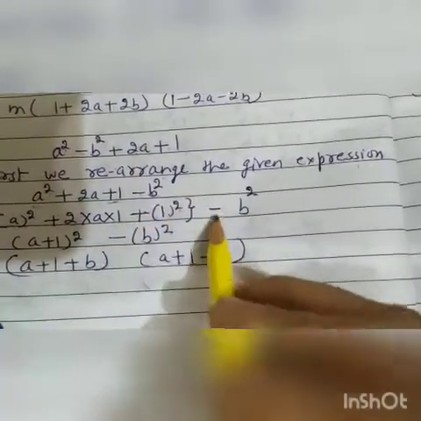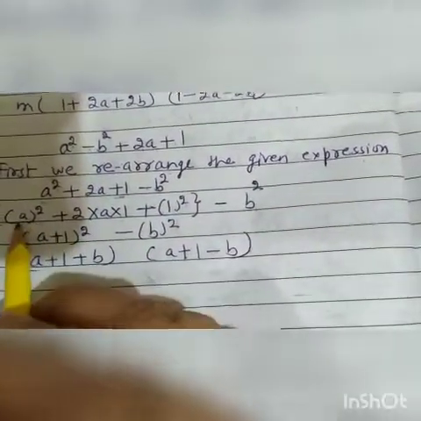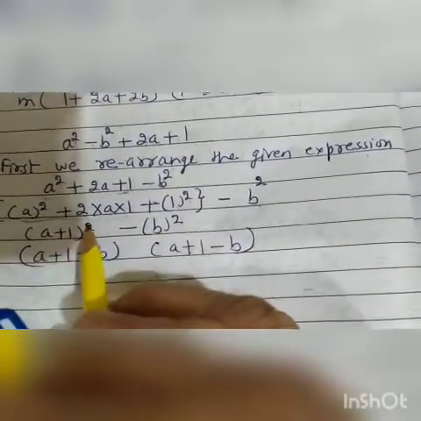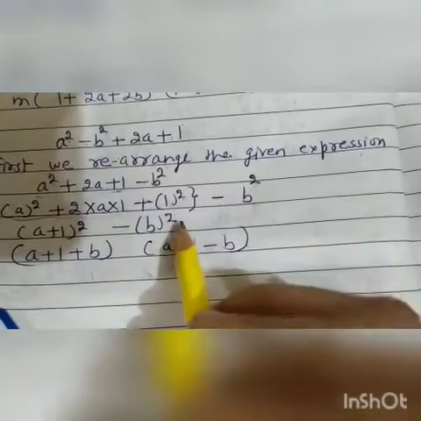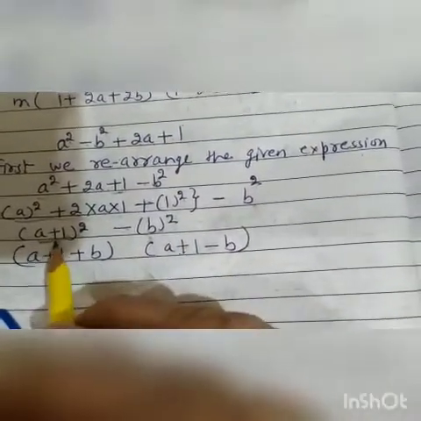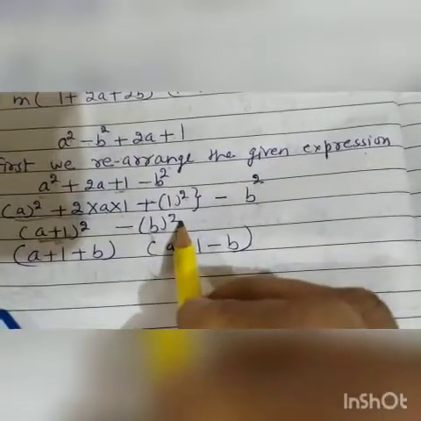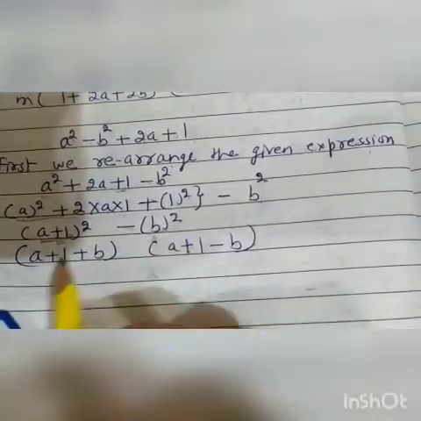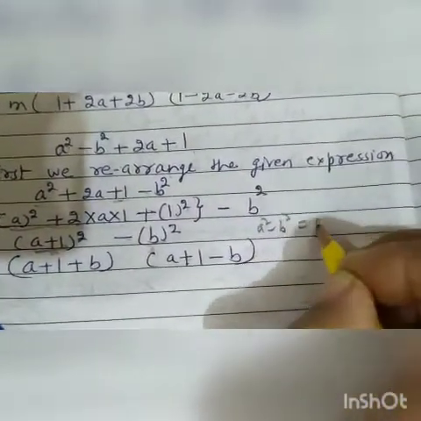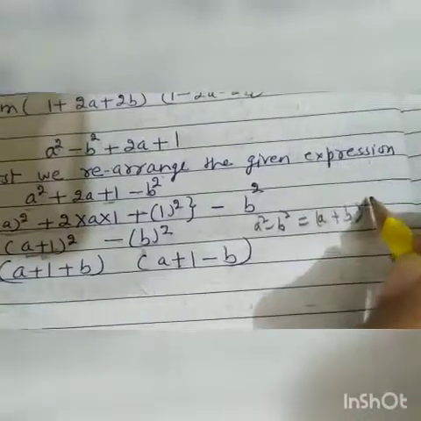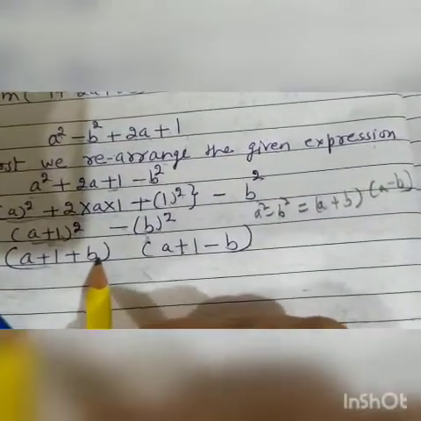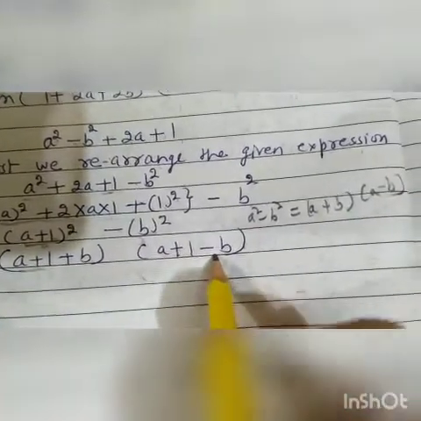So minus b square. Now this expression becomes the identity for (a plus 1) whole square, then minus b square. Now this is a and this is b, so it is a square minus b square. It becomes (a plus b)(a minus b). Again use here a square minus b square is equal to (a plus b) and (a minus b). So (a plus b) and (a minus b).